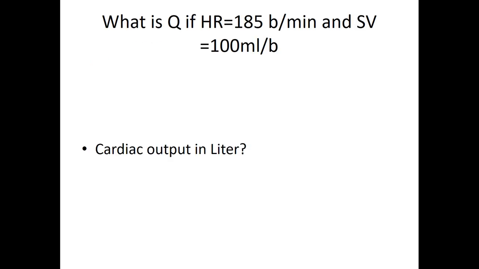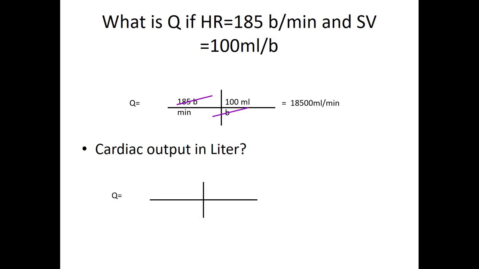How about if someone's heart rate is 185 and stroke volume is 100 milliliters per beat? Please calculate cardiac output. 185 beats per minute multiplied by 100 milliliters per beat. This number is too big, so divide by 1,000, so 18.5 liters per minute. As you see, the heart rate is 185 and the stroke volume is higher, so this is during exercise.